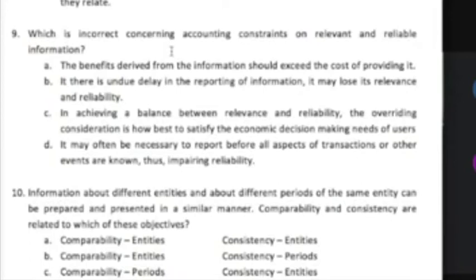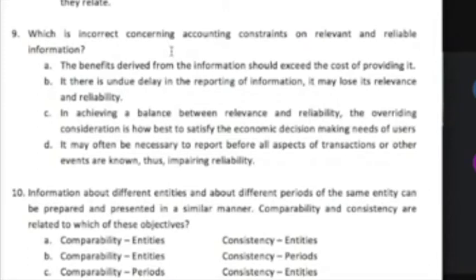Letter D, it may often be necessary to report before all aspects of transactions or other events are known, thus impairing reliability. Okay? This is the flip side of letter B, class. You may, because you are trying to target relevance, then you may be compromising reliability, but that's fine as long as it is still within acceptable bounds, class.